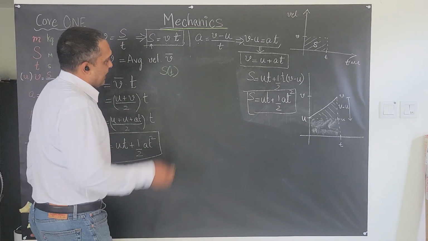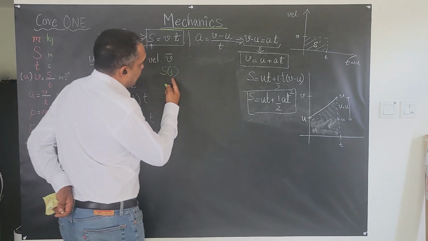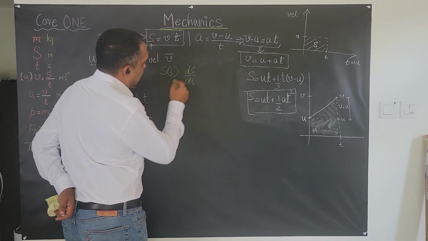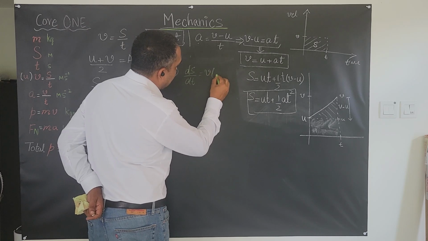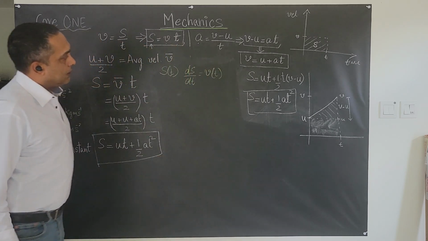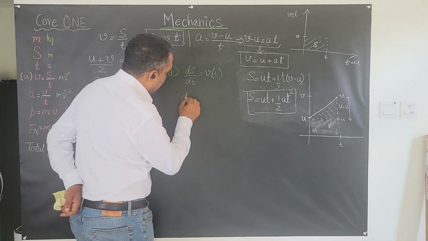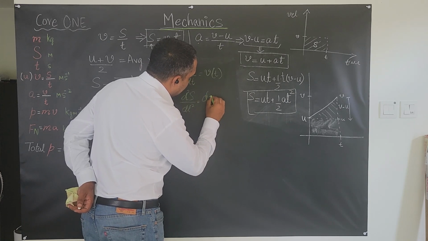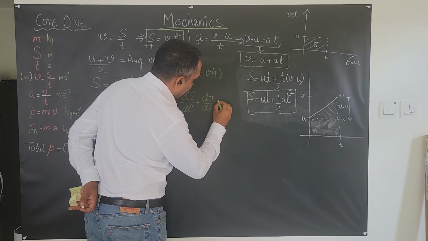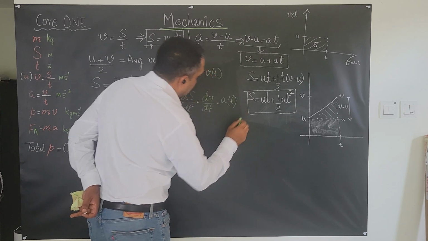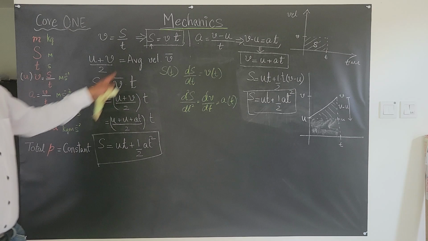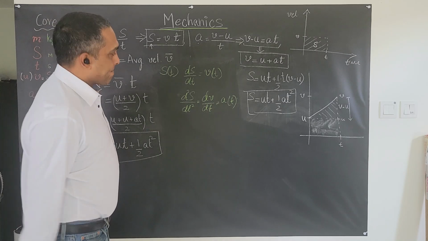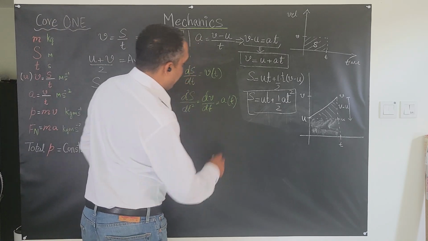We also know that its first derivative is velocity, which is also a function of time. Its second derivative, d squared s by dt squared, is nothing but dv by dt, and we know that as acceleration. If you're with me, you know acceleration is constant. All right, let's see where we go with this.